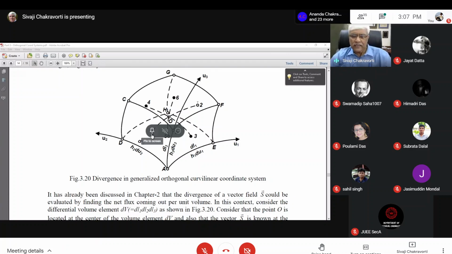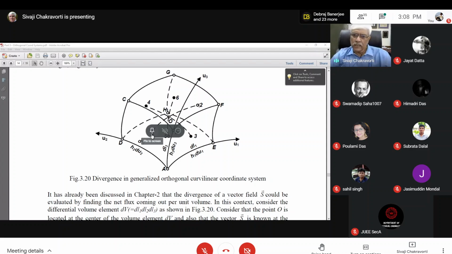Can you tell me what is the value of A, B, C? Take point O and point 2, they are in the u1 direction. What will be A, B, C between point O and point 2? Because that will be needed for the Taylor series.